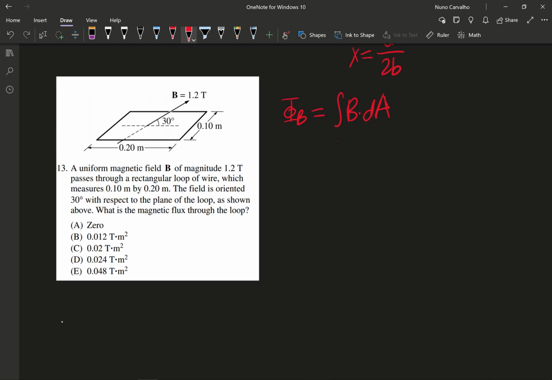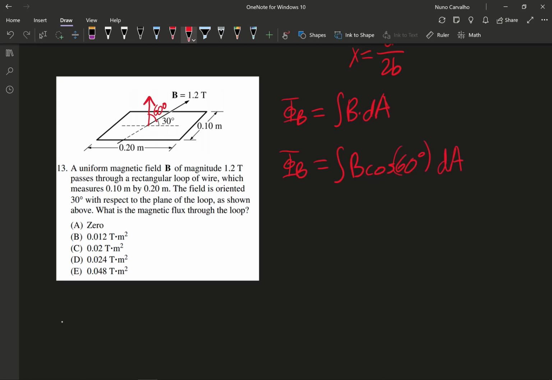Well, what we need to know is that the dot product here is talking about the dot product between the vector that creates the normal of the loop here and the vector of the magnetic field, like so, which means that actually the angle between them is going to be 60 degrees, not the 30 degrees that they give in this question. So that might be there to trick you. So we can rewrite this as B cosine 60 degrees dA.